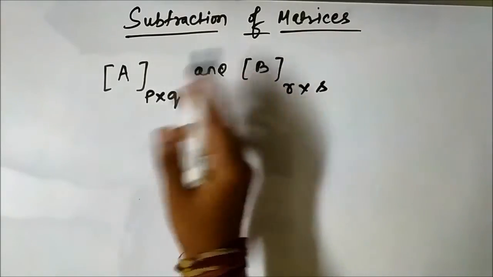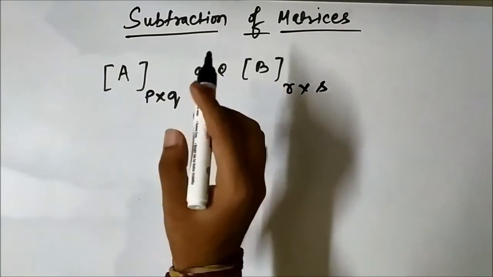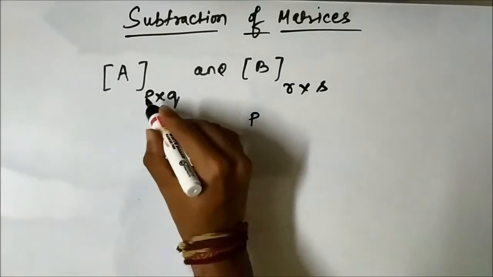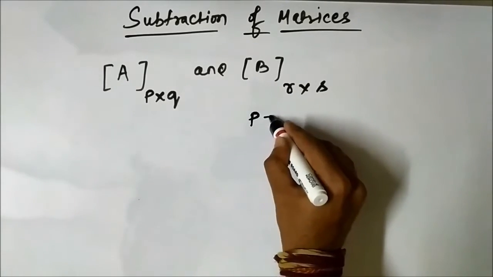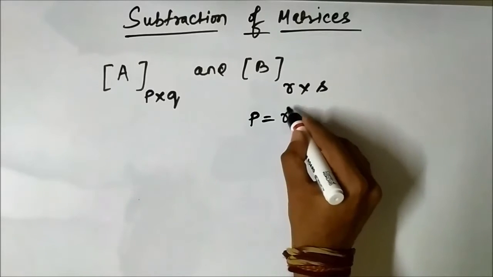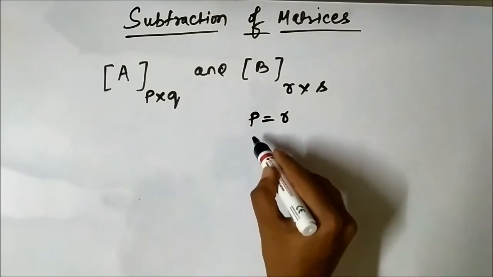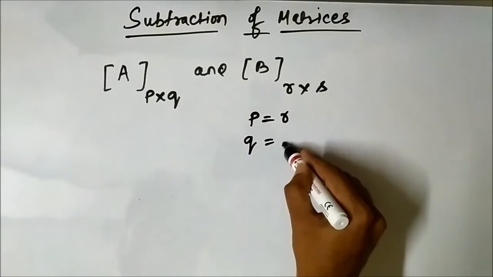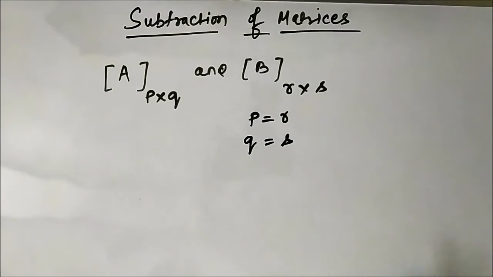So in order to be eligible for matrix subtraction, the number of rows of matrix A should be equal to the number of rows of matrix B, and the number of columns of matrix A should be equal to the number of columns of matrix B. This is the basic condition which the matrices need to satisfy, and this is the same for matrix addition as well.